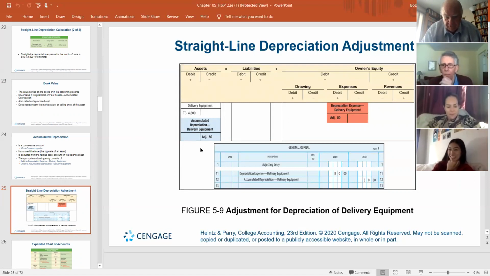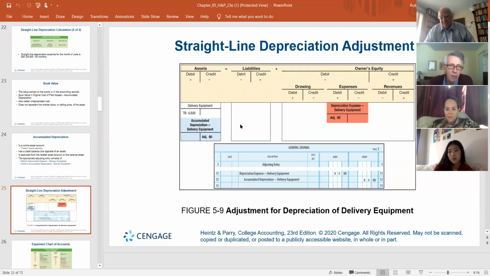And companies love depreciation expense. The more the better. Anybody want to guess why companies love depreciation expense? Well, it makes your income look smaller, so you pay less tax.